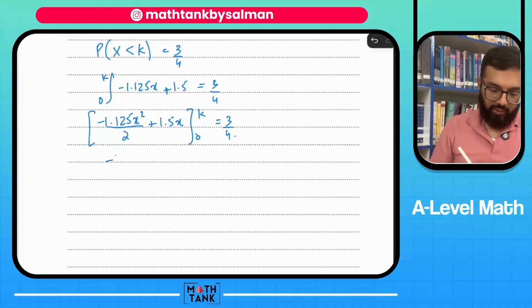Okay, so minus 1.125 k squared over 2 plus 1.5k minus 0 plus 0.75.